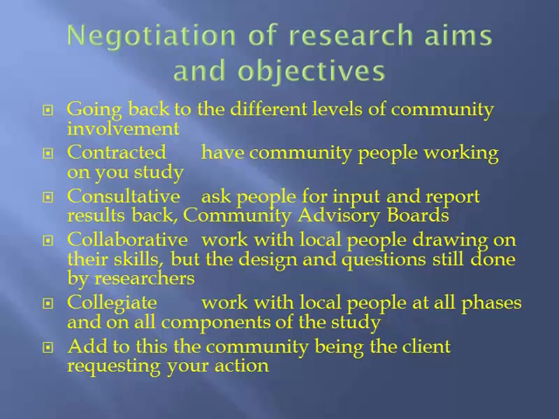Consultative, you ask people for input and report results back, community advisory boards. Collaborative, you work with local people, drawing on their skills, but the design and research questions are still set by the researchers. And only now when you get to collegiate, working with local people at all phases and all components of the study, are you really starting to approach a genuine CBPR approach.